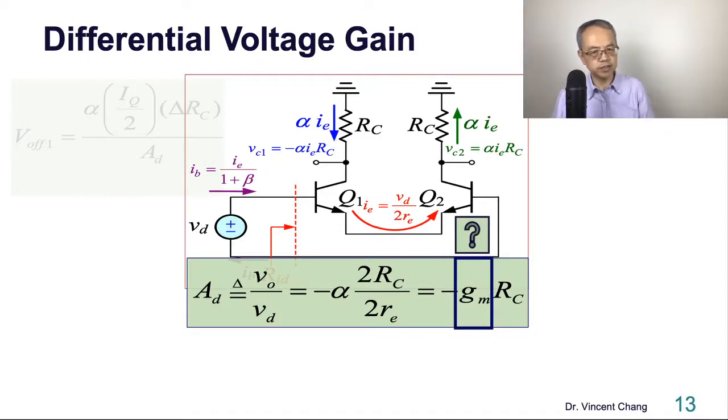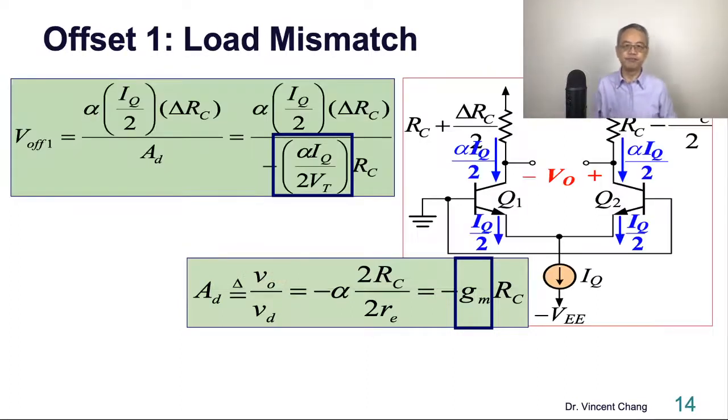But what is the transconductance? In this situation, you cannot just put in GM. Who decides GM? Bias and temperature. What is the bias?